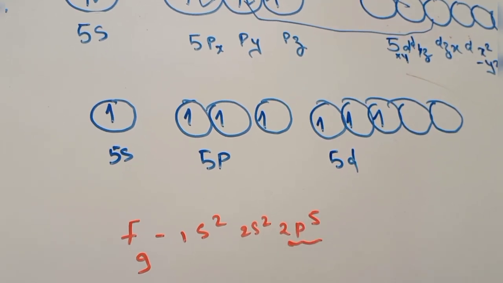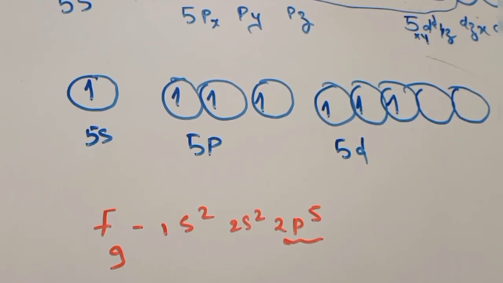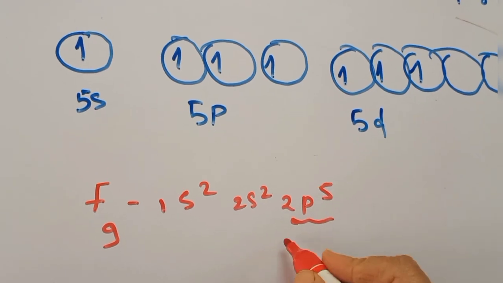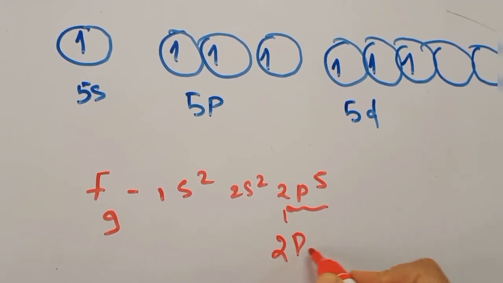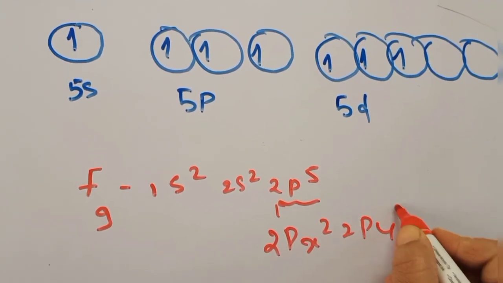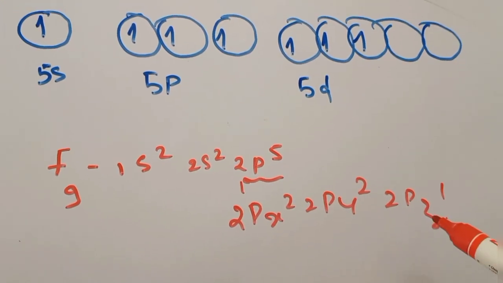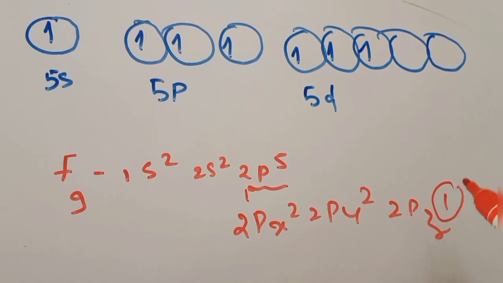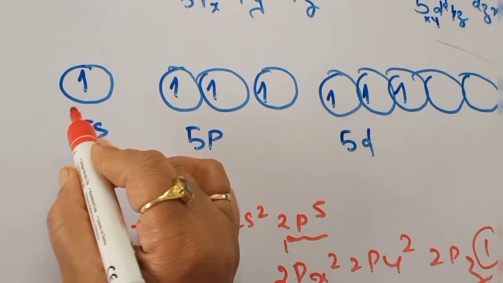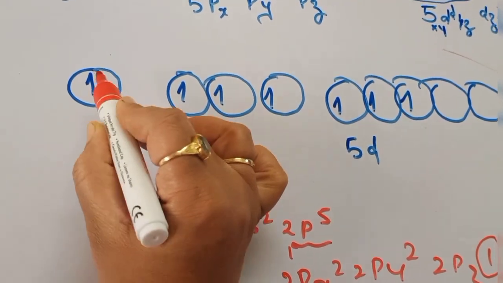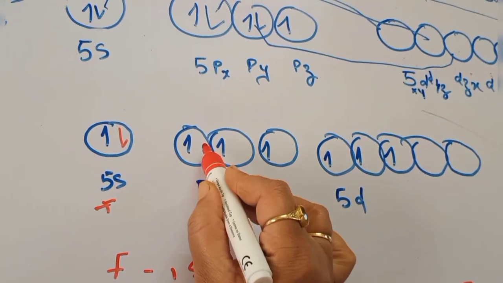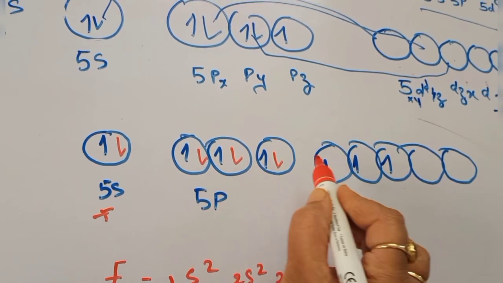Which orbital electron will participate in hybridization? If we write for the p, it will be px2, py2 and pz1. So for hybridization, this unpaired 2pz will participate. So our 7 fluorines will give 1 electron each, and we will have our hybridization.